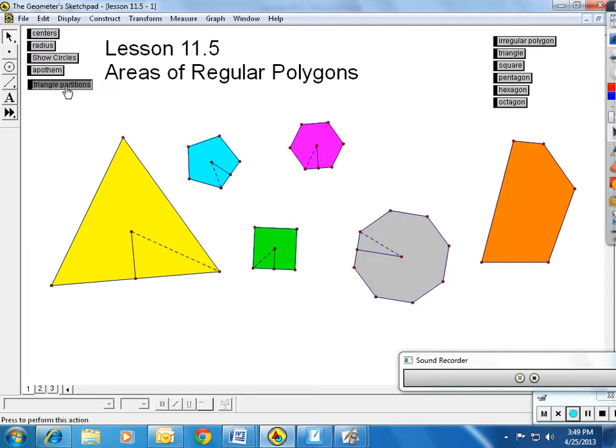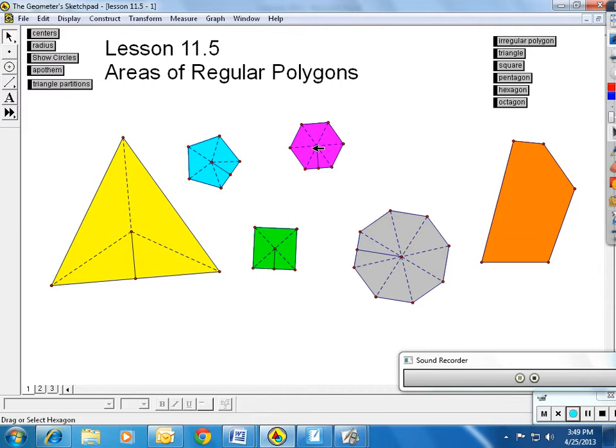In fact, if I pencil in all of the radiuses, we see that the radius actually divides the polygon into nice triangles. Looking at this pentagon right here, you've got 1 triangle, 2 triangles, 3 triangles, 4 triangles, 5 triangles. 5 triangles in a pentagon. Interesting.